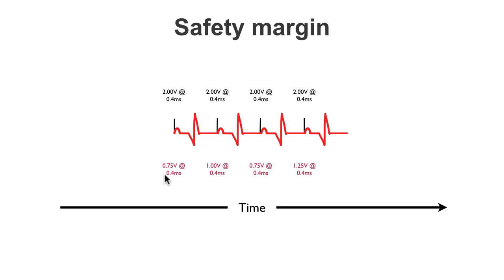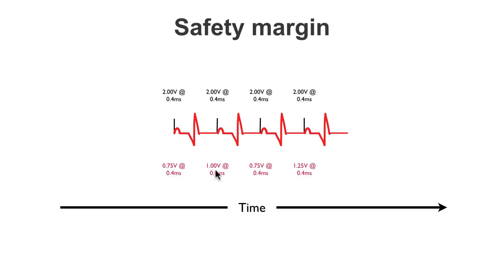So here, I've made these numbers up. They're hypothetical values for the minimum amount of energy required to trigger a depolarization in the atria over time. And we can see that in the real world, the threshold does fluctuate. It's 0.7 volts at 0.4 milliseconds here.